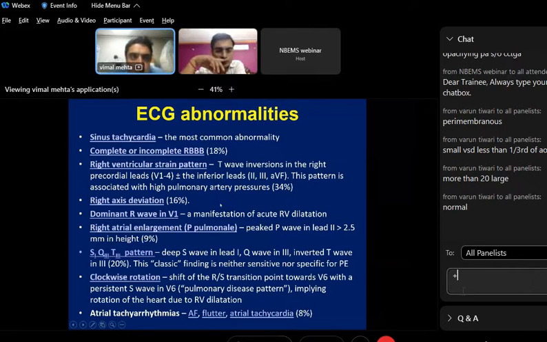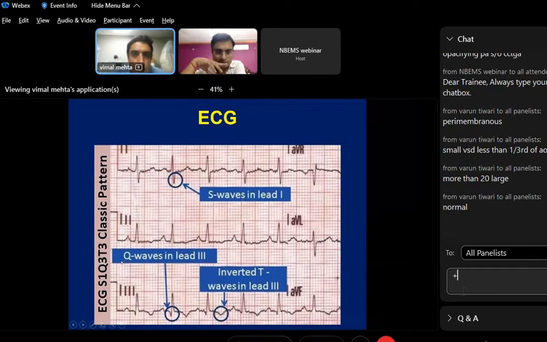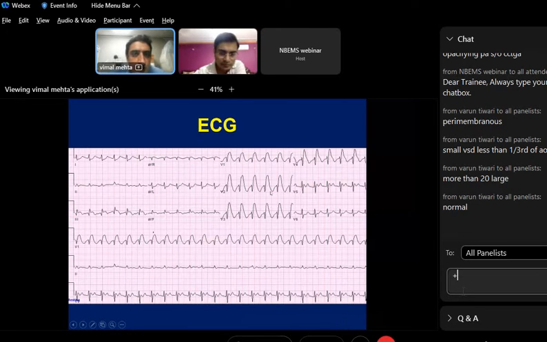There you will see all these right heart features, and the characteristic pattern which is described is S1 Q3 T3, meaning that you have deep S1 in lead 1 and Q wave in lead 3. So this is important, and of course T inversion is there. So this is the described pattern.